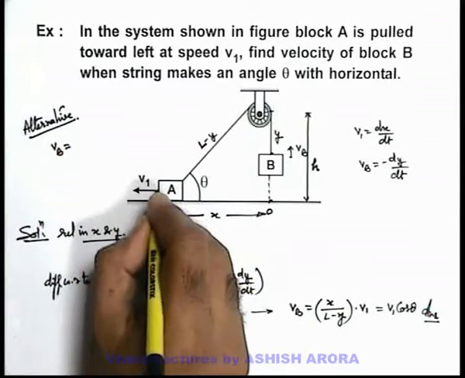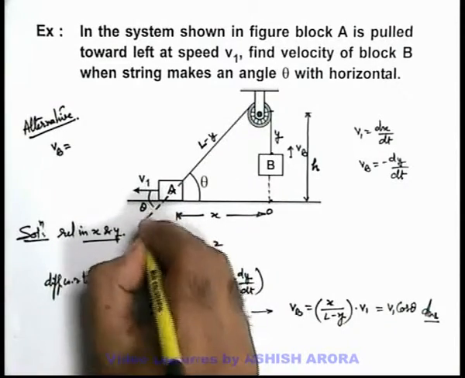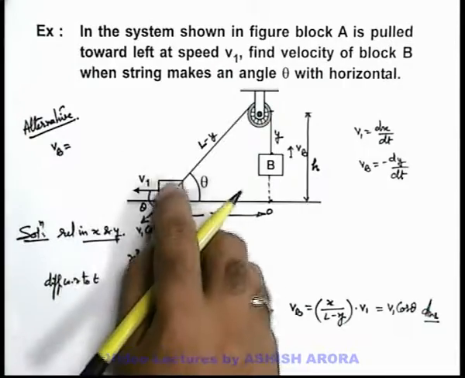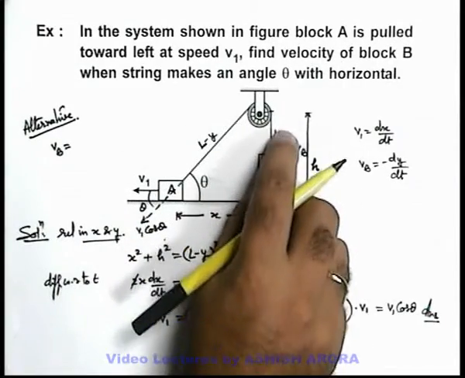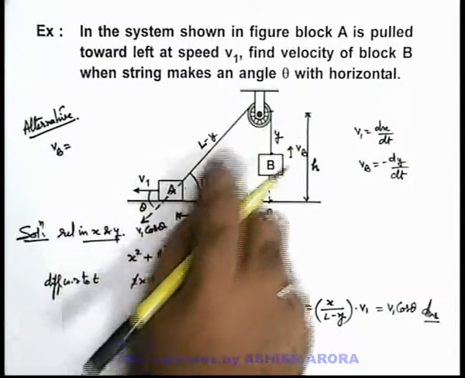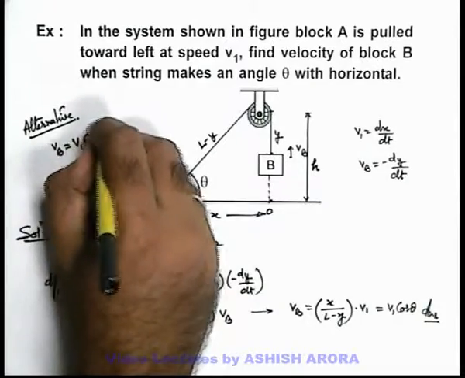On the other side, as the block is going toward the left with v1, along the length of the string the velocity of the string will be v1 cos theta, and as the length of the string is constant, the two velocities with which this end and the other end are moving along the length of the string must be equal. So vb can be written as v1 cos theta.